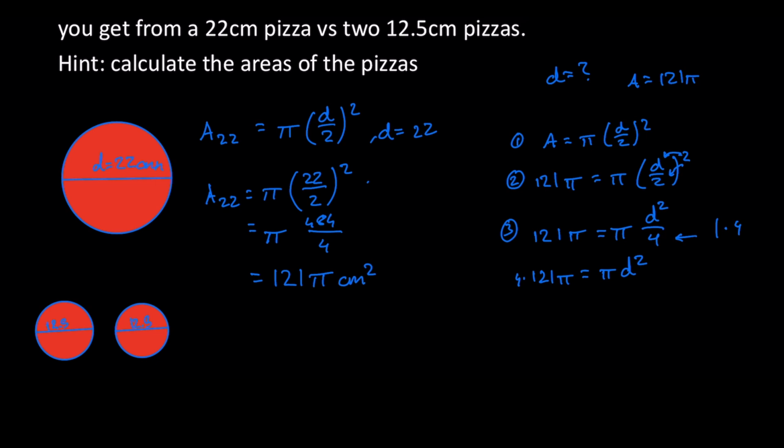Now we want to get rid of a whole number here, so we divide. 4 times 121 is 484. Pi goes away, is equal to d squared, because pi also goes away. Now we want to get rid of the square, so we square root. Then we get d is equal to the square root of 484, which is 22.